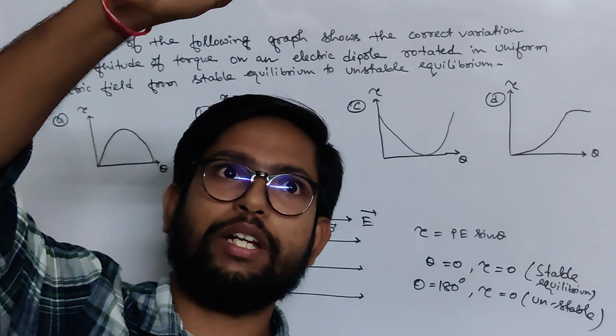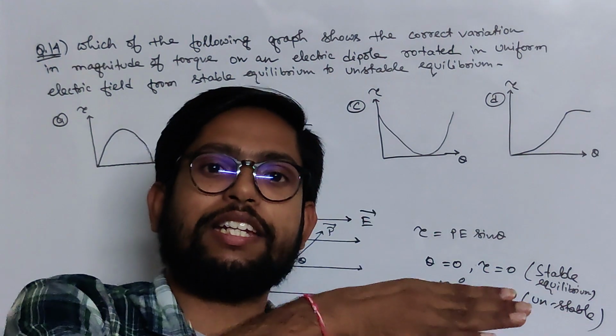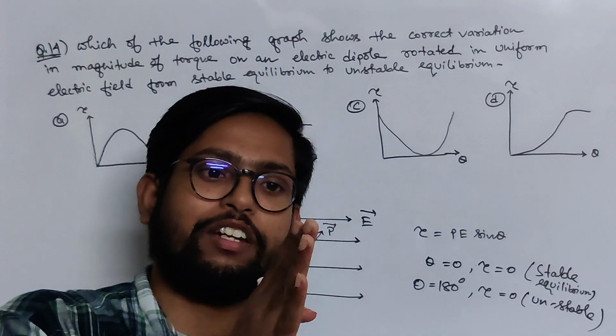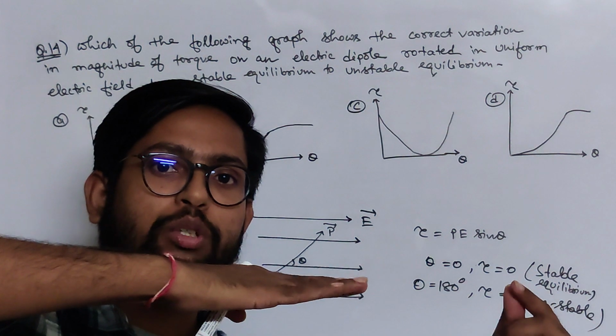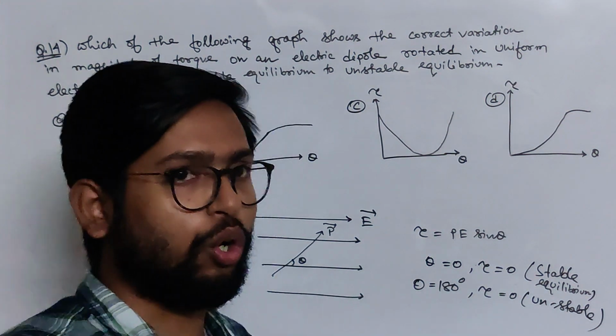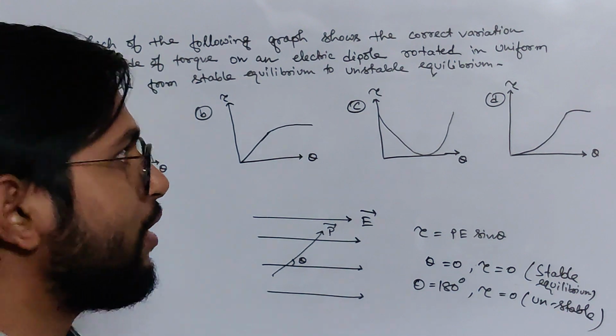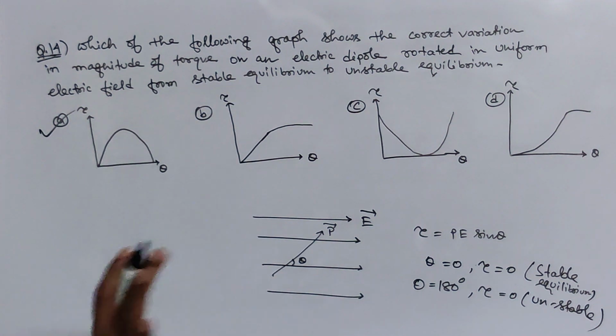And again, when theta increases beyond 90 degrees, it will feel less torque. Finally, when it is anti-parallel to the direction of the electric field, it will not feel any torque. So you can understand the behavior of the graph. When theta equals 0, it will not experience any torque.